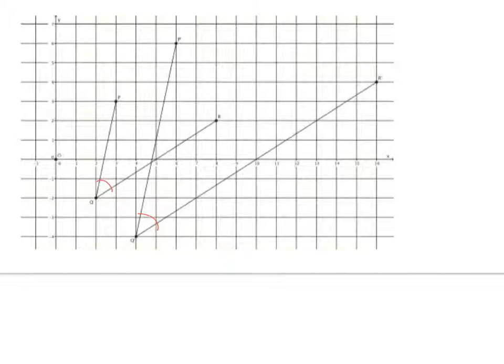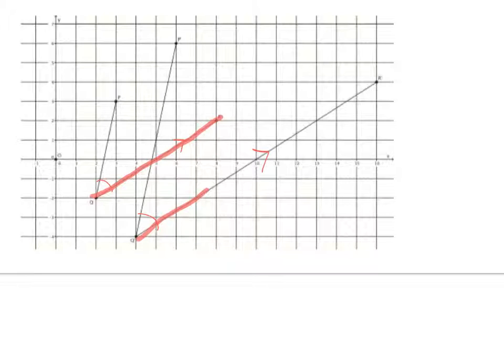So if we look at these two angles and their scaled sides, the angles actually remain equal. Q and Q prime are congruent. The important part that I want to point out right now is that lines QR and Q prime R prime are parallel. Let's try that again.